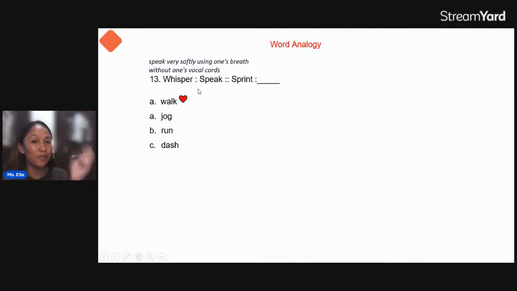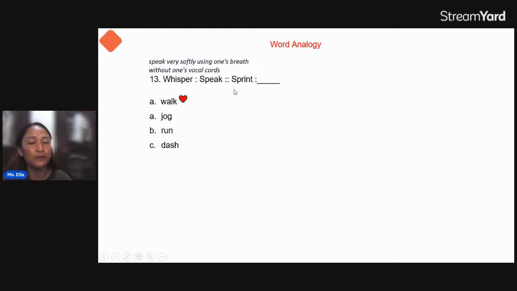But when you speak, you speak clear words. That means it's more like an opposite also. The opposite of whisper means speak. So whisper means you're just murmuring or muttering words, but when you speak, you speak clear words.